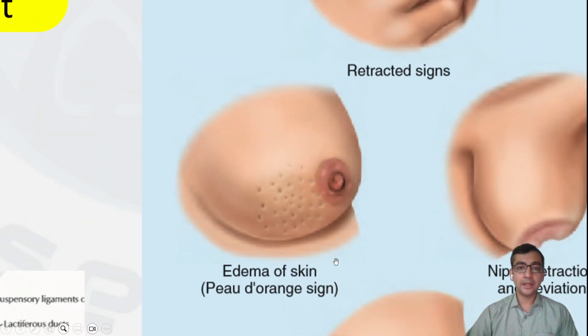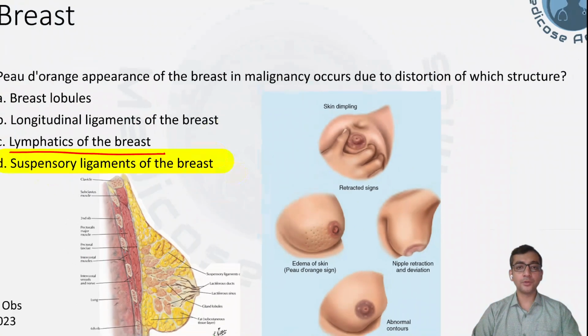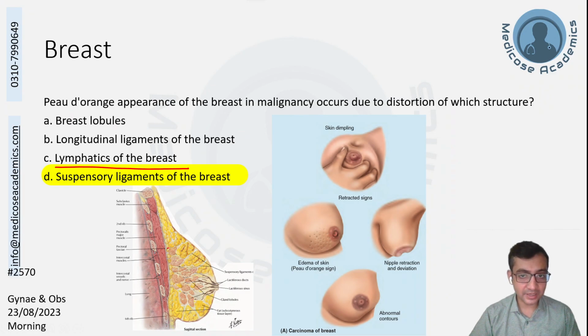So what happens is that the lymphatics are blocked, which leads to the filling up of the breast with lymph. The breast swells up, but as it swells and extends, you can see the suspensory ligaments that are attached to the skin from the pectoralis fascia. They don't usually stretch with that speed.